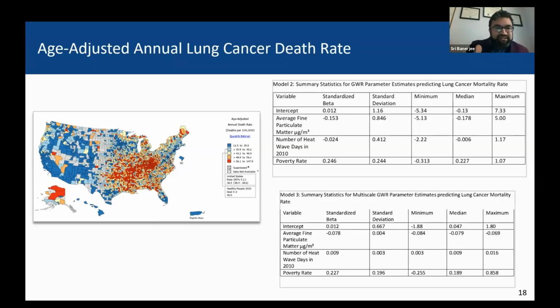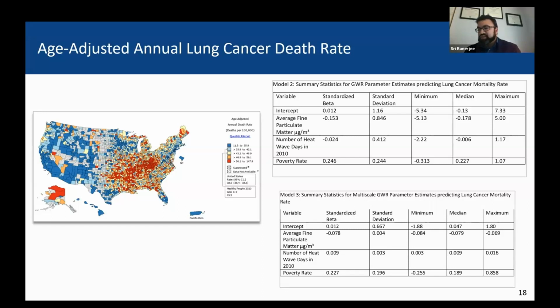These are the results. The first column is actually the mean, not the standardized beta. Then the standard deviation, minimum, median, maximum. This was a Python callable program that was used to run this. The third one, model 3, is a multi-scale GWR test.